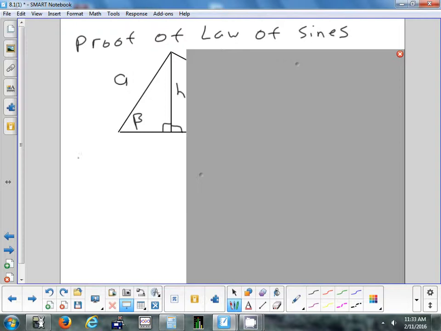Sine. What would sine of beta equal? H over A. And now I just want to get H by itself. So what would H equal? Sine beta times A, or we could just write A sine beta. So there's a formula for finding the height using the left-hand triangle.